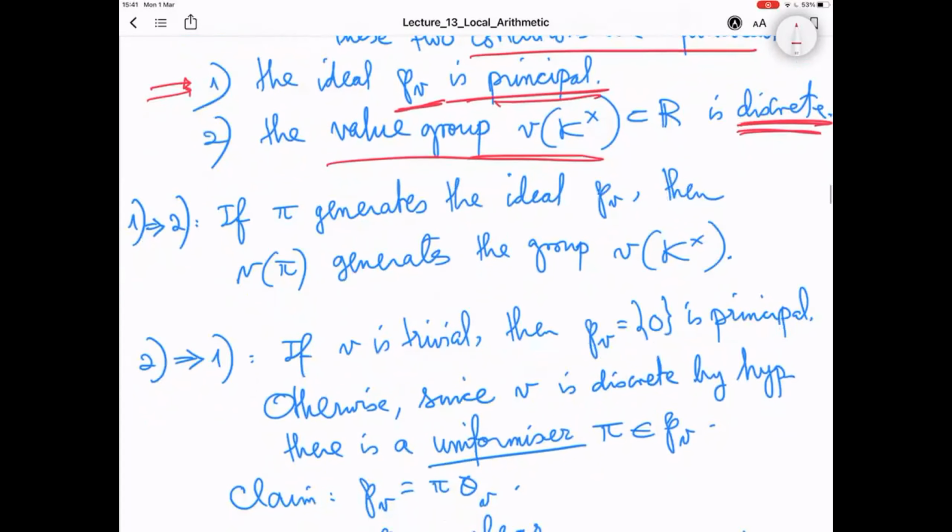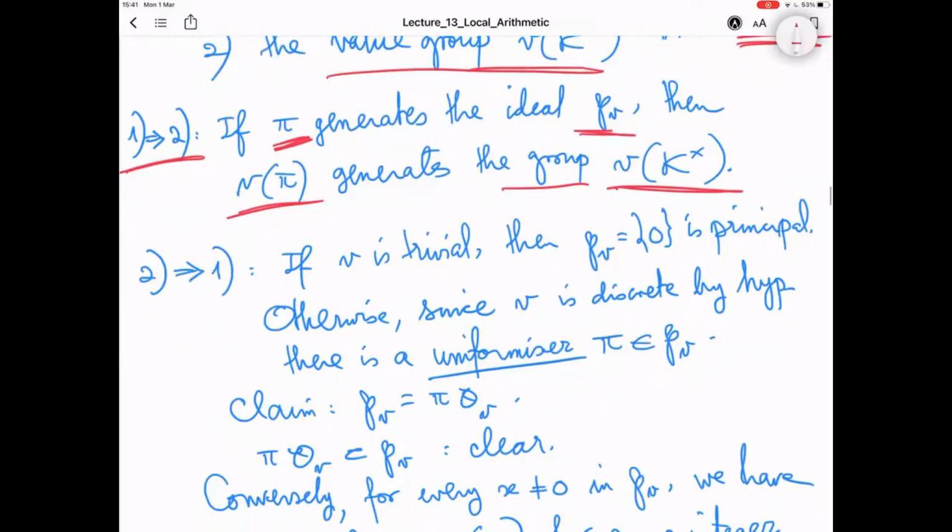Now, the implication 1 implies 2. We may assume that this P_V has some generator pi. Then, of course, this pi generates the group V(K star). This should be more or less obvious. Let's prove the converse.